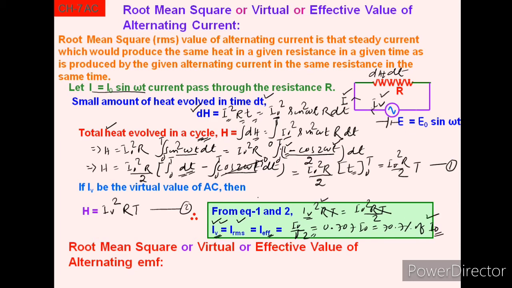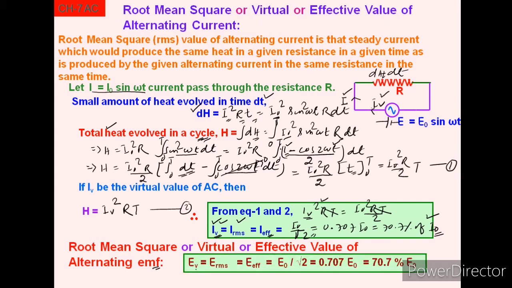In the same way, as we proceed for the current, we can find out the expression for root mean square or effective value of alternating EMF, and that can be written as EV or ERMS, or effective value of alternating EMF is equal to E naught divided by root 2, like the I naught by root 2, and that will be equal to 0.707 E naught, that will be equal to 70.7% of E naught.